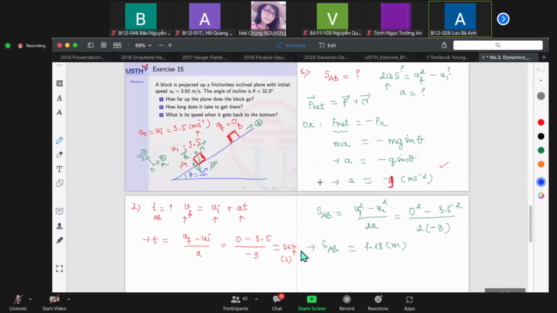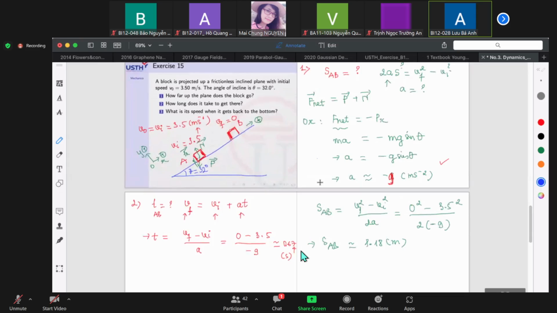For question number 3, I think it is when the object has already reached B, it will return to A. Great. So what is the meaning of question number 3? What is the speed when it gets back to the bottom?